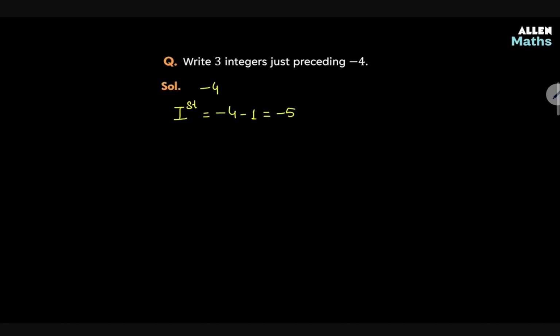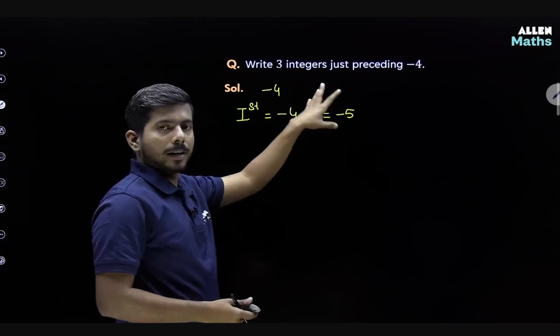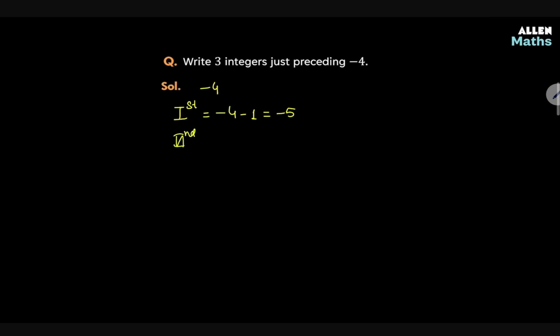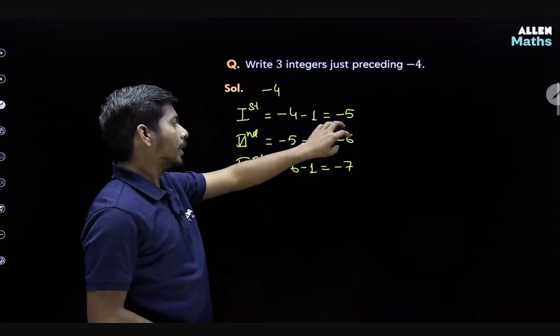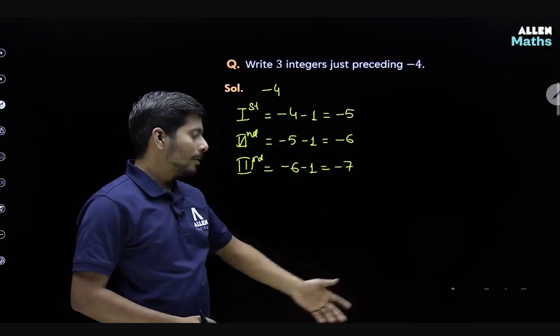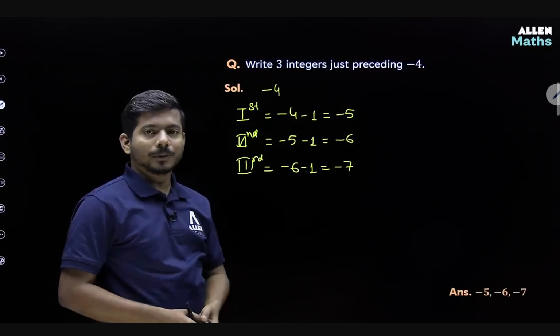Now from -5 we will subtract one more to get the second one. -5 minus 1, that is -6, and for the third one, -6 minus 1, that is -7. So here we have -5, -6 and -7, which are the predecessors of -4. So the answer is correct. Now let's have the next question.